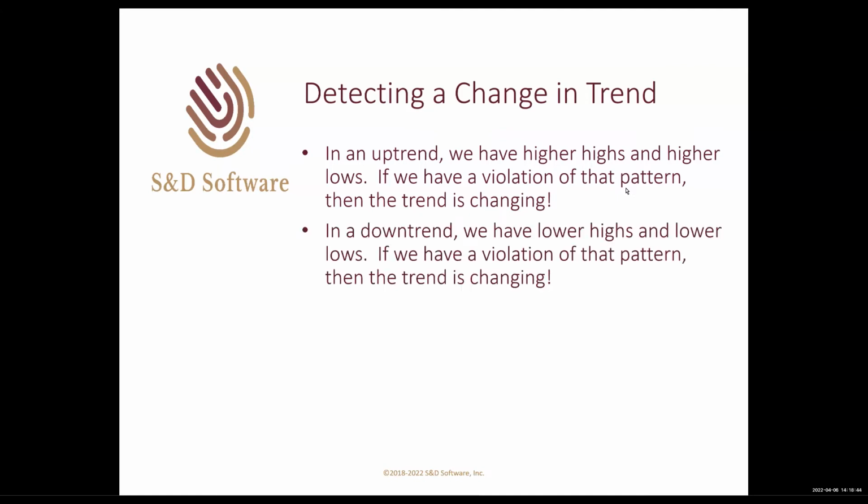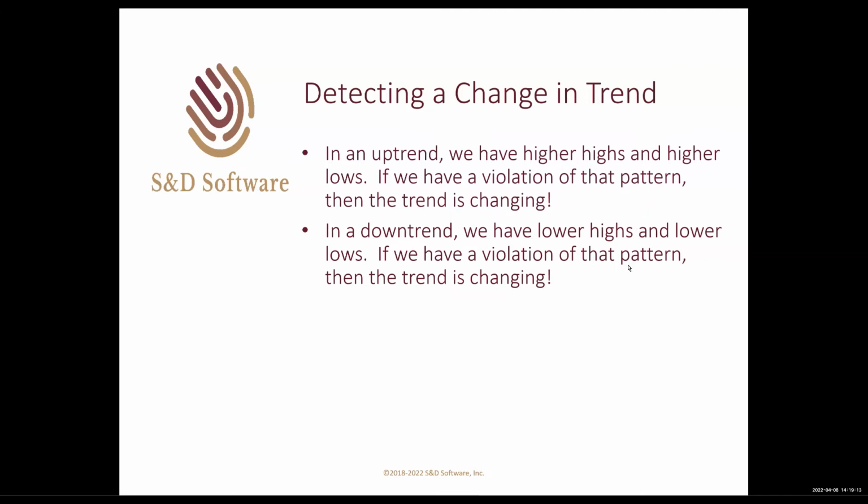Now we can just flip this over again for downtrends. We expect our impulse moves to give us lower swing lows than prior impulse moves do before, again, changing into a corrective move. And we expect our corrective moves to give us lower highs before they change into impulse moves down again.